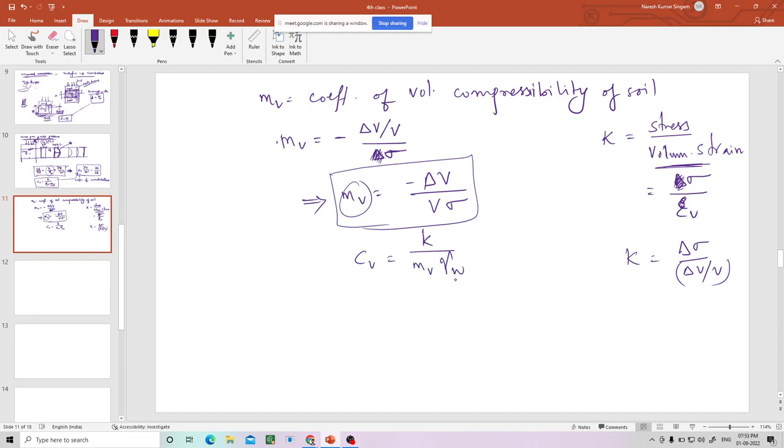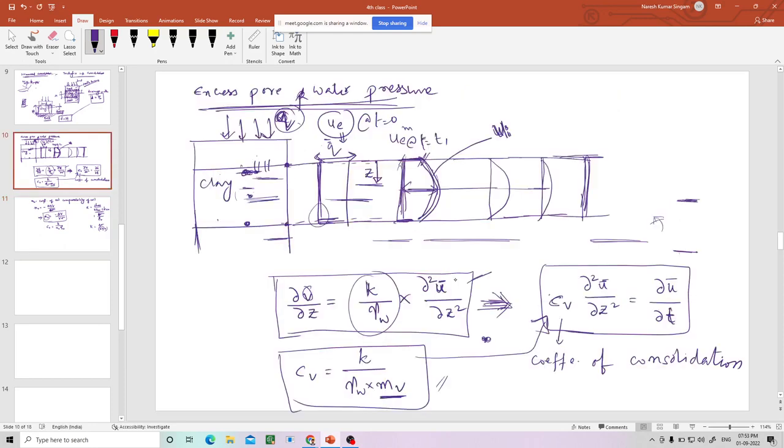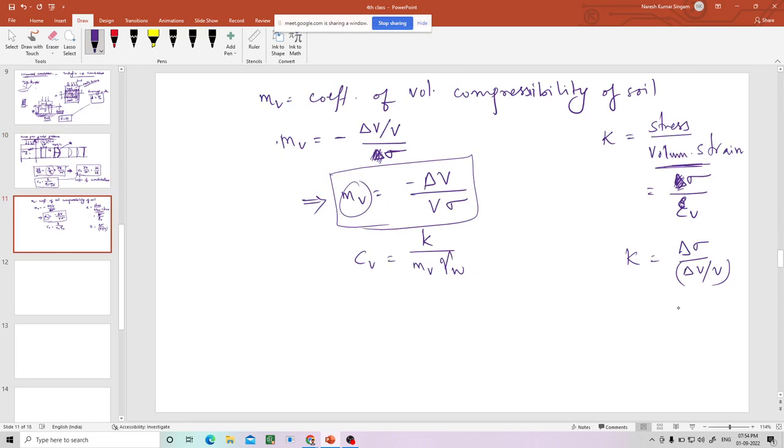What is the other term which we have come across in this? Nothing. Now this is the differential equation when you derive this concept. Then the solution of this differential equation will give you new terms.